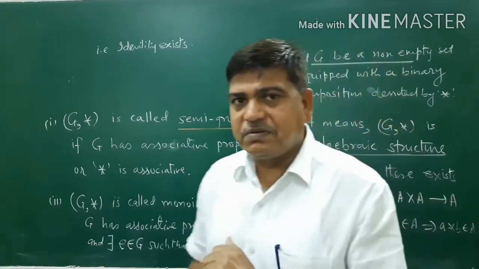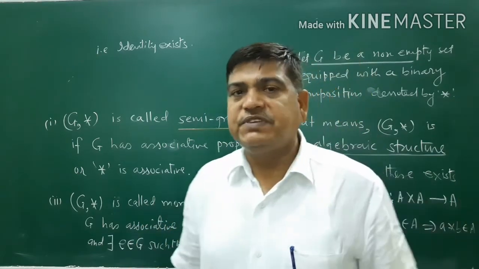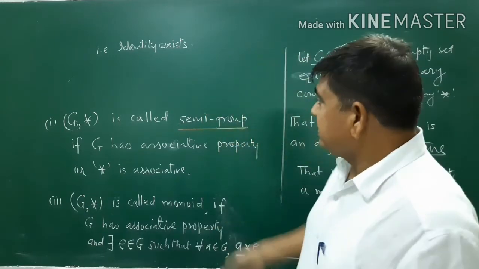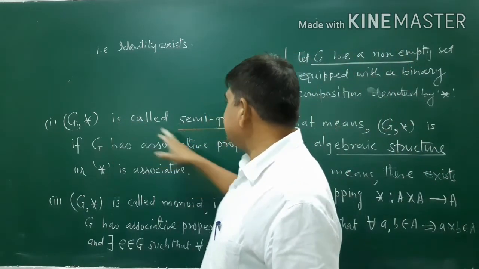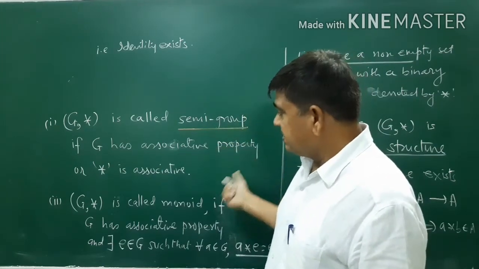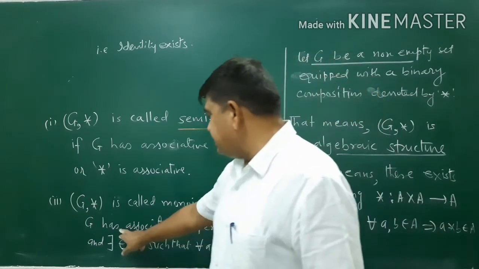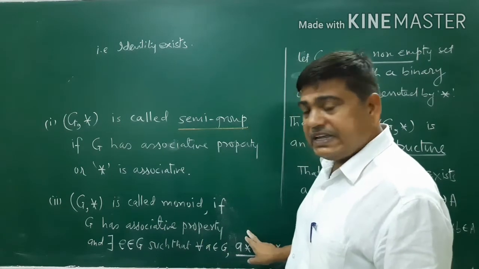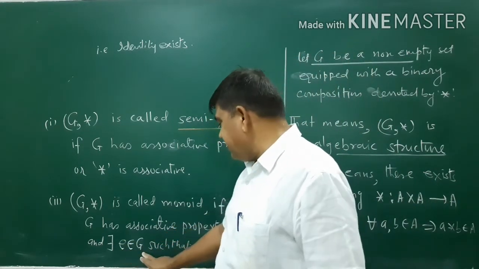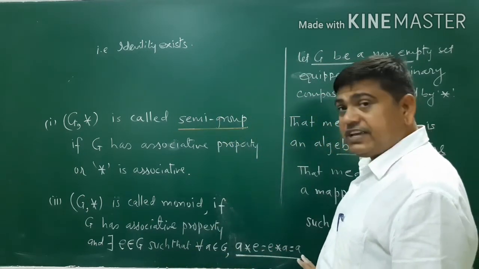So if you are not able to understand whatever I am writing here, go through the previous video and revise again and again. So this algebraic structure is called a semigroup. If the associative property holds and an identity element exists, it is called a monoid.